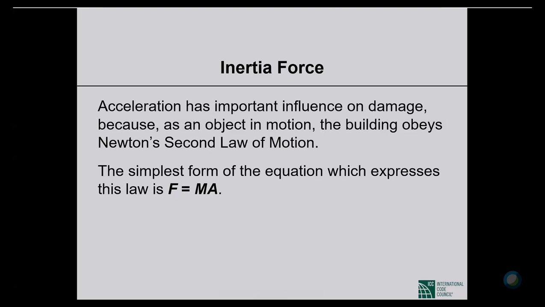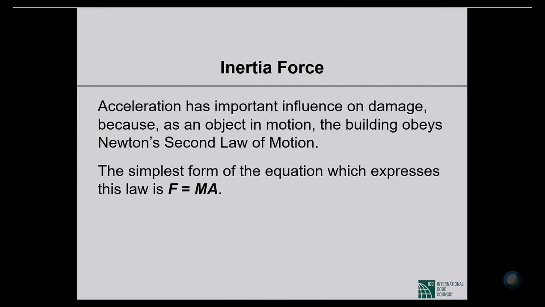So, if you are on a floor, it undergoes displacement. The first derivative of the displacement is velocity. The second derivative of the displacement is acceleration. So the building, or a floor, is undergoing displacement, velocity, acceleration, and the higher derivatives are also important for occupant comfort and so forth.